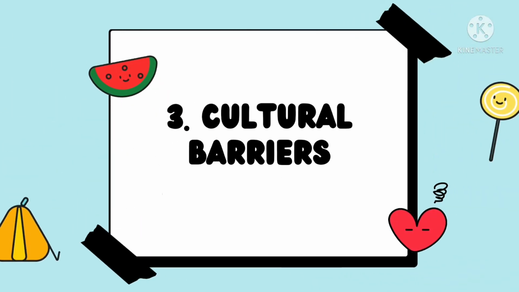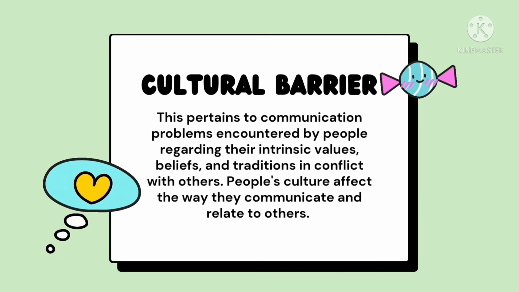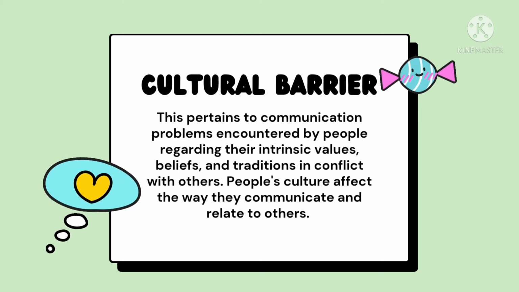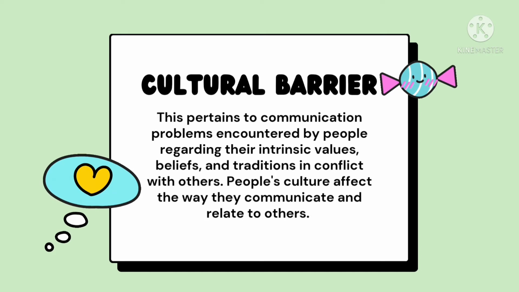Another barrier to communication that may cause communication breakdown is our cultural barriers. Cultural barriers pertain to communication problems encountered by people regarding their intrinsic values, beliefs, and traditions in conflict with others. People's culture affect the way they communicate and relate to others.